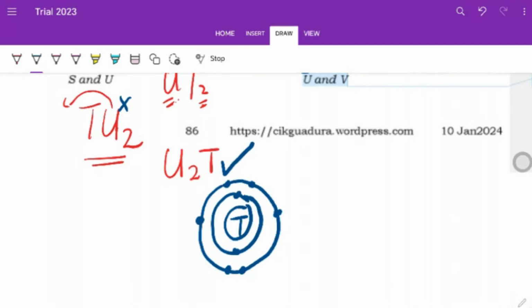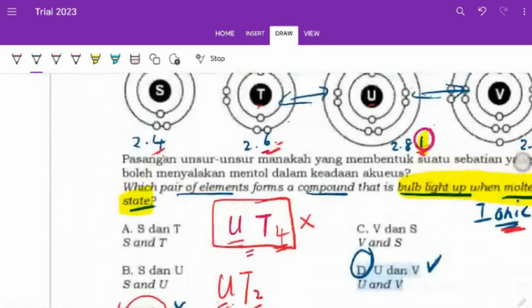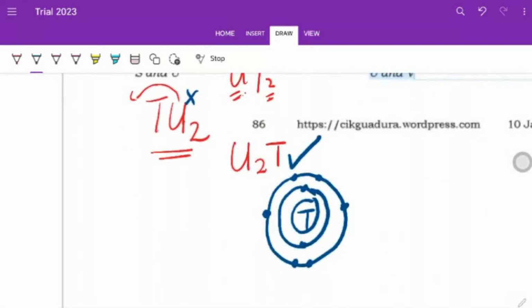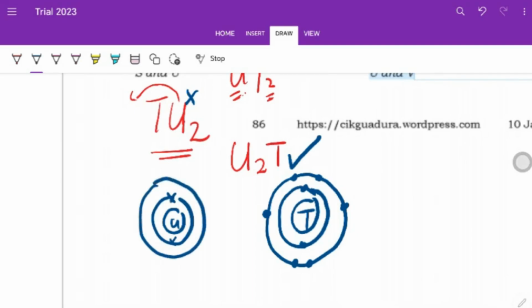How to achieve octet? You need to gain 2, right? U only, 1 U, is 2 8 1. So T is 2 6 and U is 2 8 1.